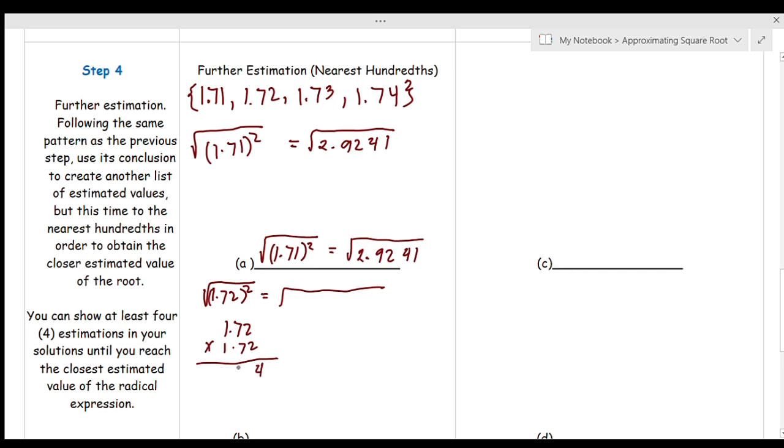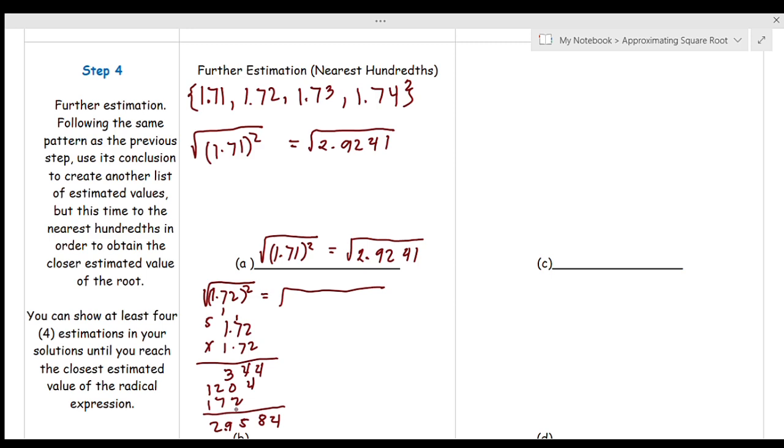2 times 2 is 4, 7 times 2 is 14. Then 2 times 1 is 2 plus 1 is 3. 7 times 2 is 14, 7 times 7 is 49 plus 1, 50. Then 1 times 7 is 7 plus 5 is 12. Next, 1 times 2 is 2, 1 times 7 is 7, then 1. Then we add, and we count the number of decimal places, which is 4, so we place the point.